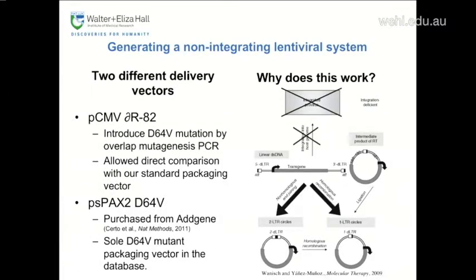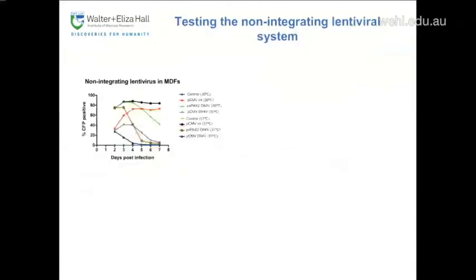But if you block this integration step, this linear DNA is more likely to go through different types of recombination, so non-homologous end joining or homologous recombination, and form these circular episomes, which can then be transcribed and translated in the nucleus without going into the host DNA. And these episomes, because they're not integrated, will just gradually dilute out of the cell when the cells divide.